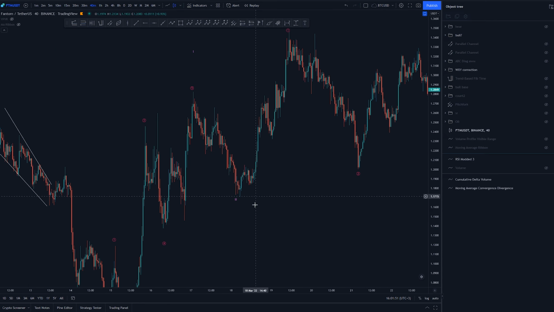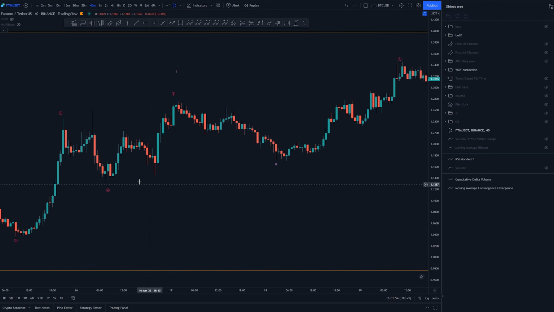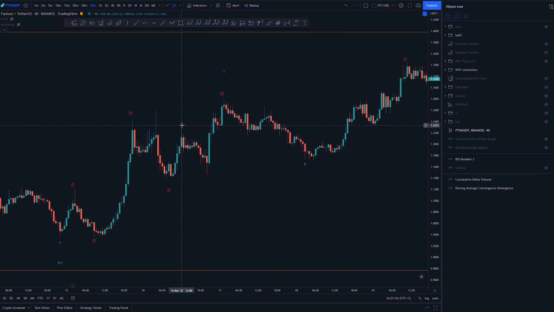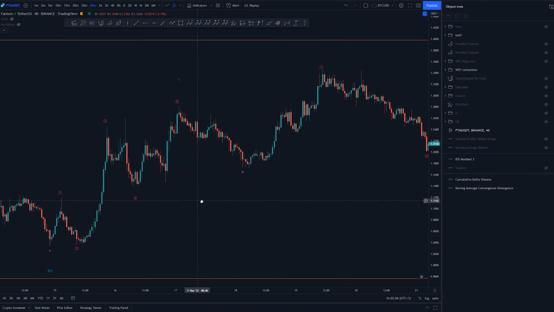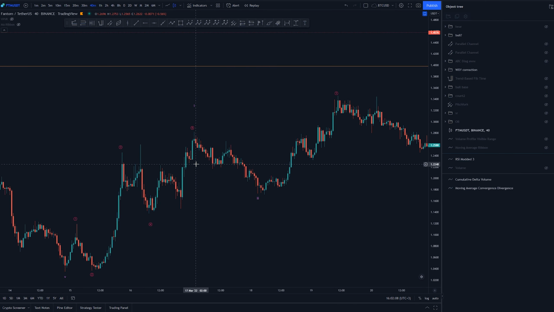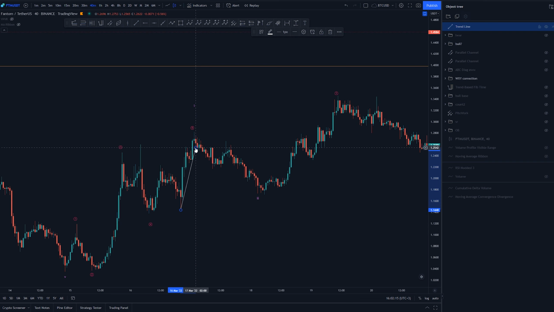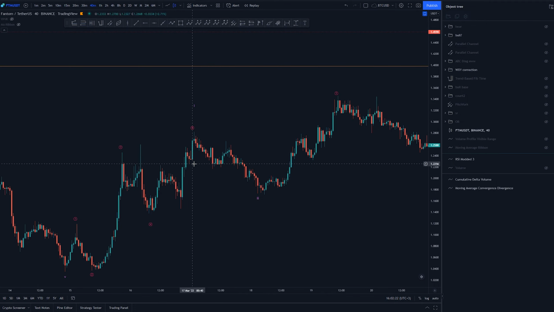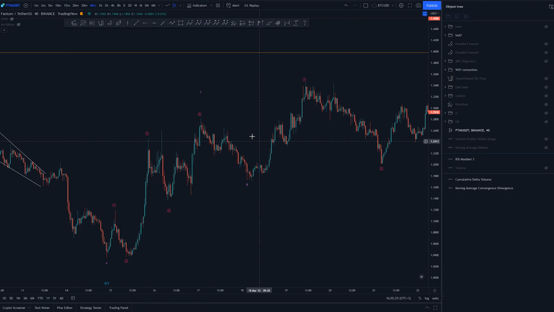Now, looking at it closely, this move here looks like 5 wave-ish, I guess. 1, 2, 3, 4, 5. These are not overlapping this low and this high, so it's definitely a doable impulse, even without having it be a diagonal. Even though it definitely looks like more of a diagonal than an impulse, they are not crossing over, so we don't need to make that distinction, I guess.